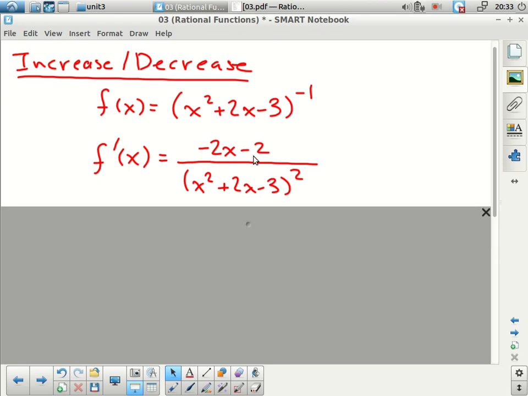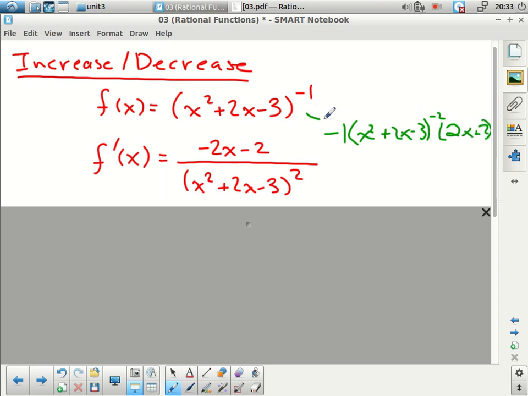And actually, I think I jumped a step here. So let's do it on the side. If I start taking a derivative, the -1 would come down, and the inside stays the same, and the outside is -2. Then I take the derivative of the inside, so I multiply that by 2x plus 2.